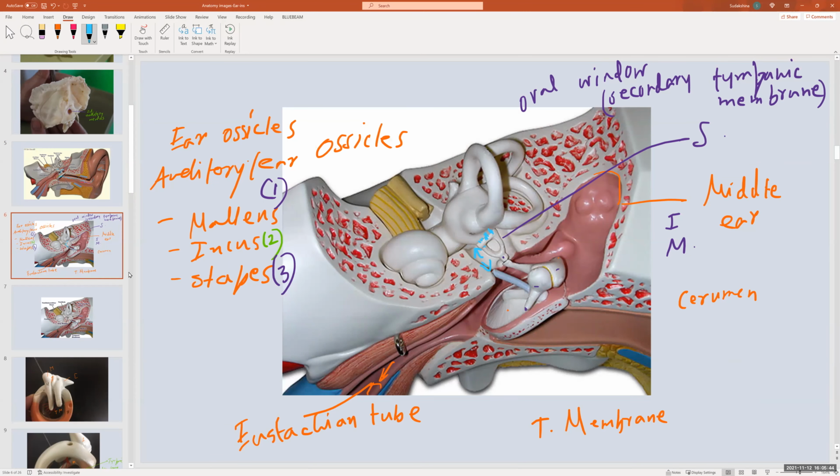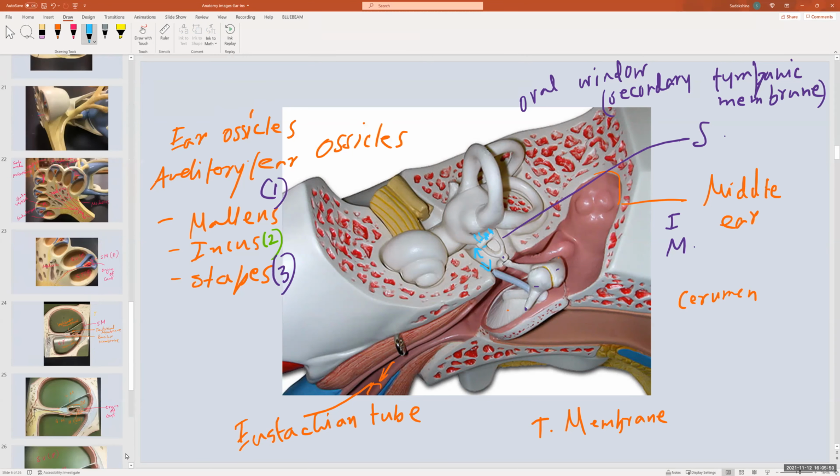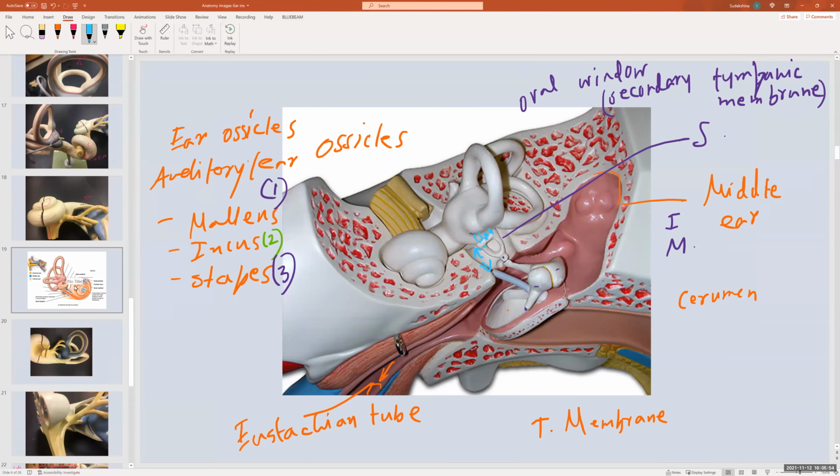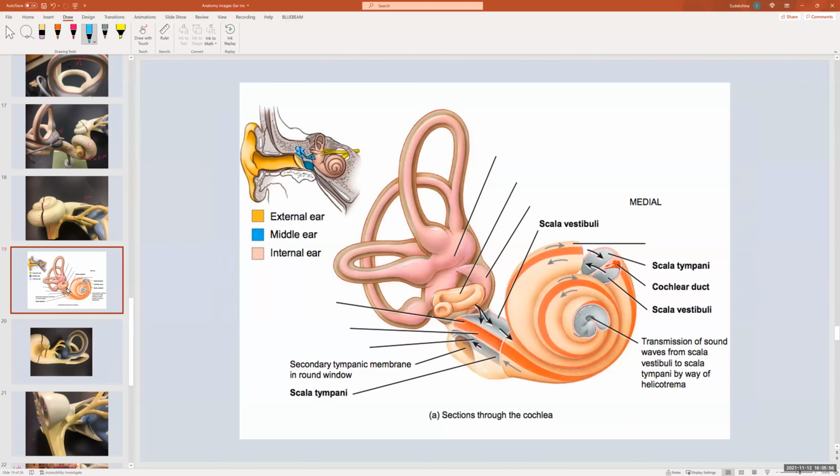The stapes vibrates back and forth, and it pushes on the secondary tympanic membrane. On the other side of the secondary tympanic membrane lies the scala vestibuli. Oh, here is one, scala vestibuli, this is what I was looking for. So the perilymph in the scala vestibuli starts vibrating.